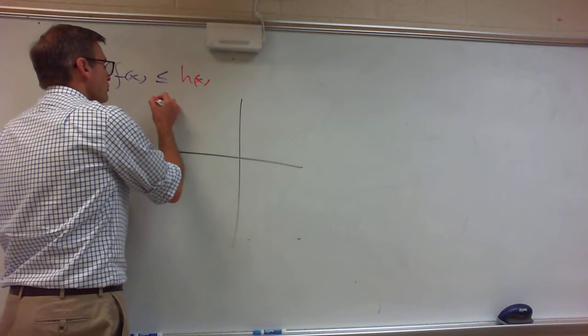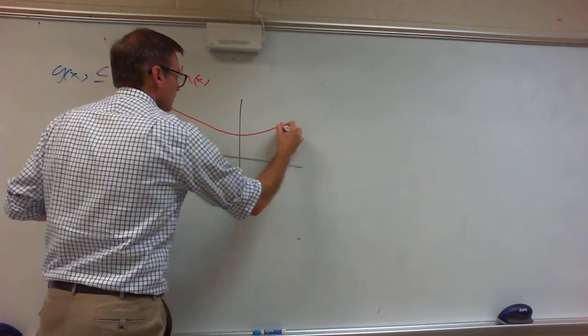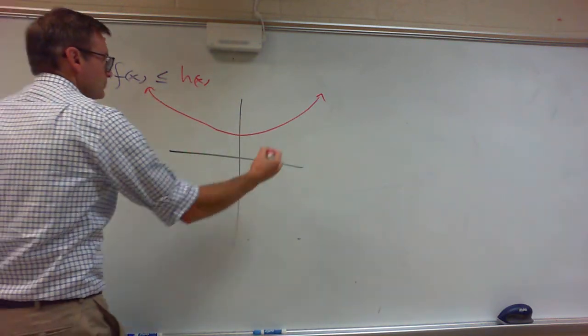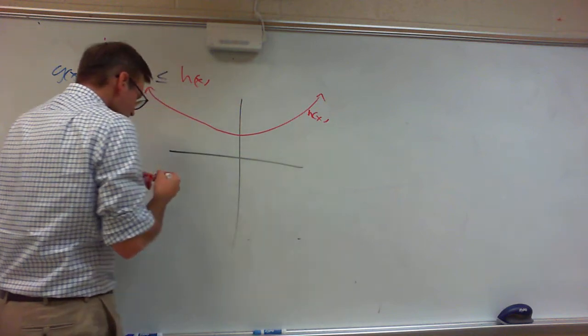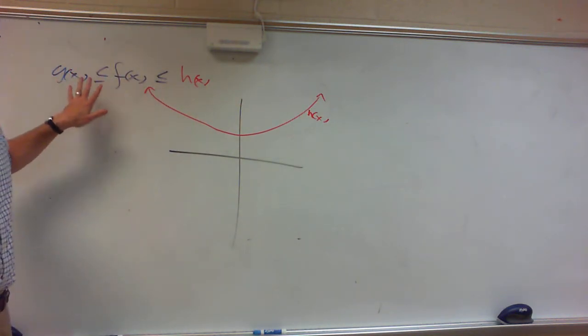So let's say that h of x looks something like this, where h of x is always on top. We'll call this guy h of x. And g of x is always on the bottom.